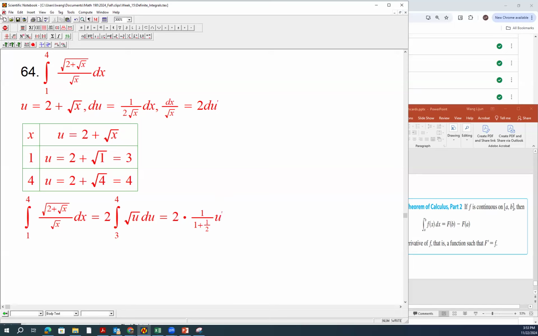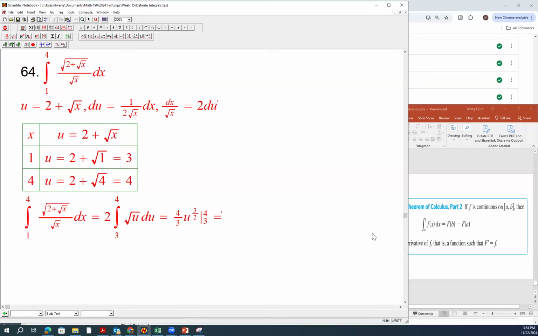With the bar, lower limit 3, upper limit 4. And this piece here is going to be 3 over 2, so 3 under 2 on top, so that's going to be 4/3.